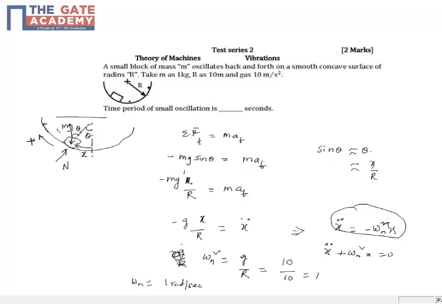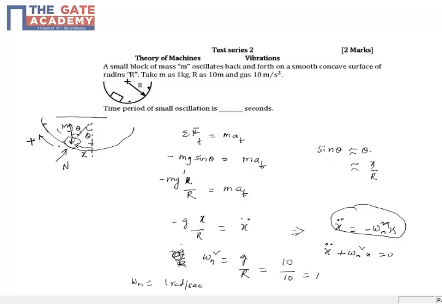From the reference position, you just displace it. This is why I am calling this the equilibrium position: at the bottommost position, if you don't do anything, the body will stay there. So you displace it by an amount x, and at that point you study the free body diagram and see what the unbalanced force is.